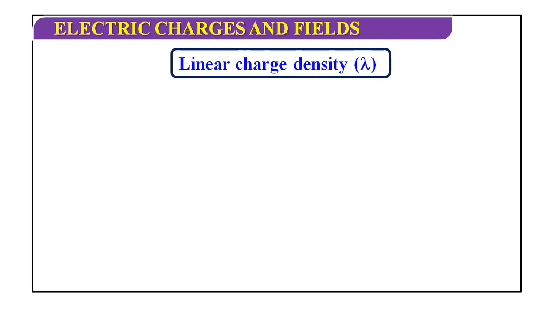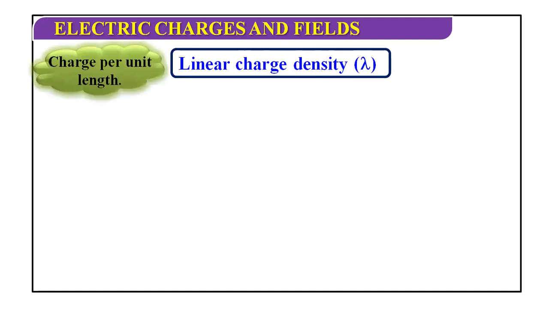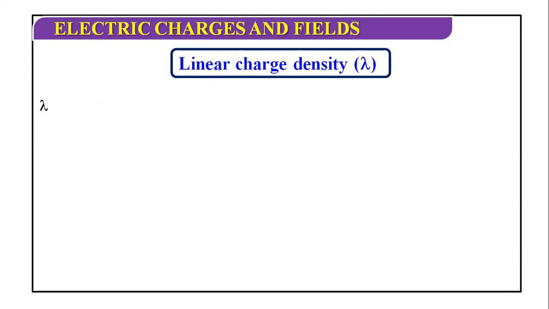So linear charge density is represented by the Greek letter lambda, there is a fixed representation of linear charge density in physics. It is represented by lambda, and lambda is charge upon length, charge distributed over a length.